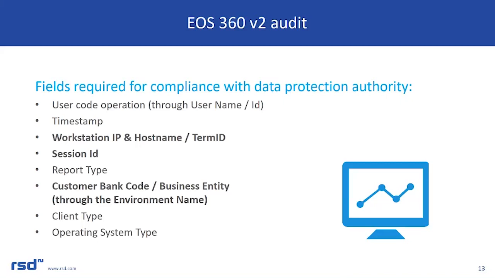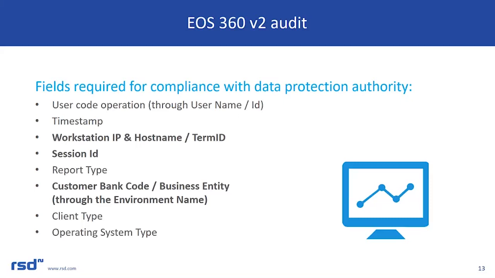For the workstation IP and the host name, here we're going to address access from all access points by the end users, specifically the 3270 access, API, EOS access, and in version 1, EOS thin client entries will be recorded.